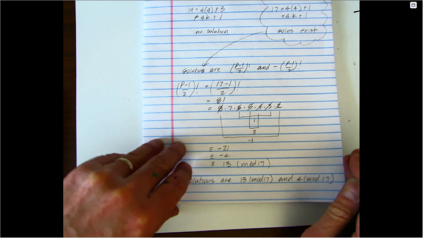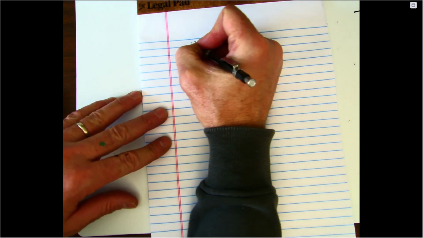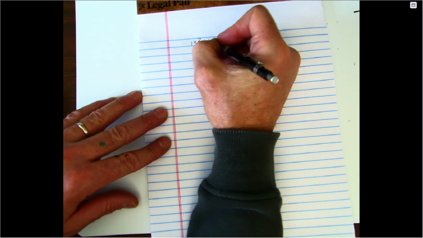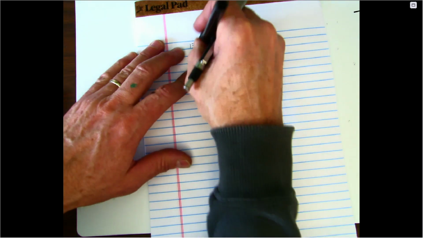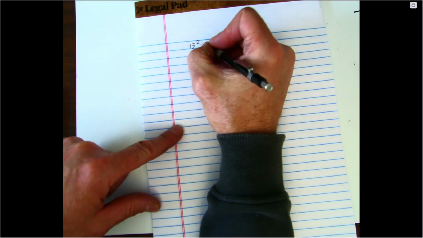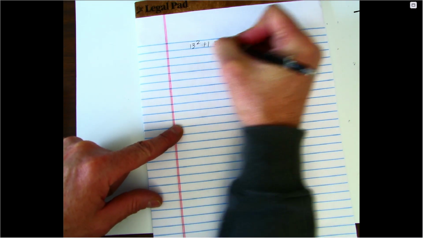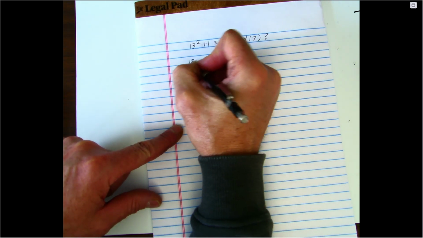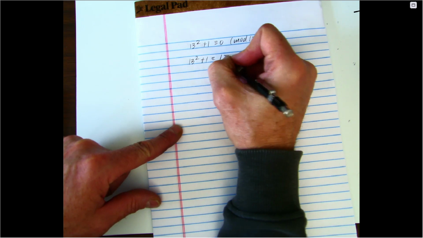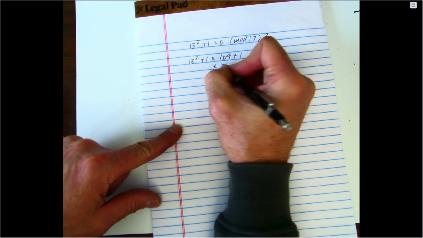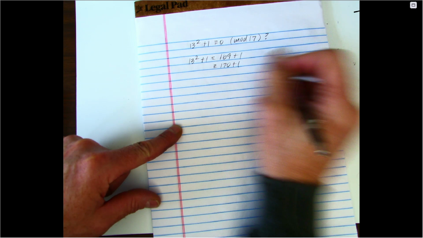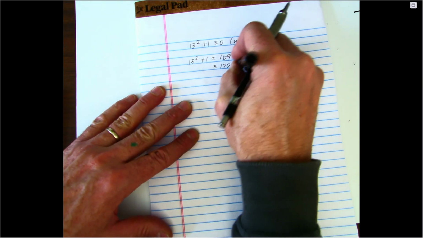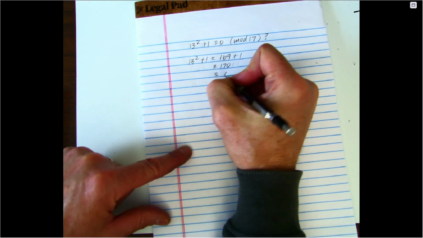And of course you should probably check it. This is the first time we've done one of these. So what we're checking is whether 13 squared is congruent to negative 1. So 13 squared plus 1, is that congruent to 0 mod 17? Well, 13 squared plus 1 is 169 plus 1, which is 170, which is of course congruent to 0 mod 17.